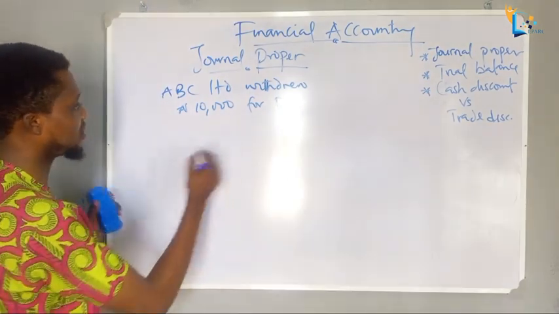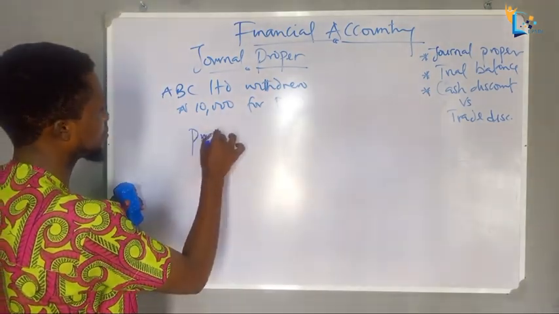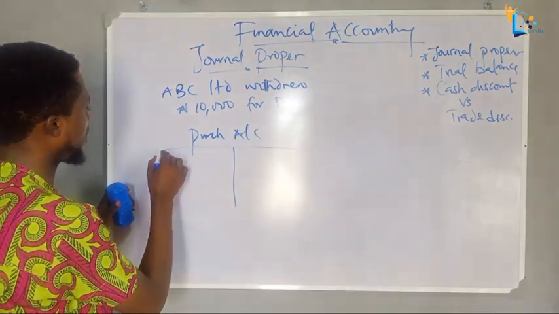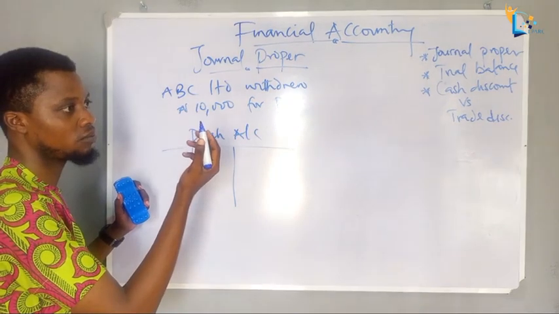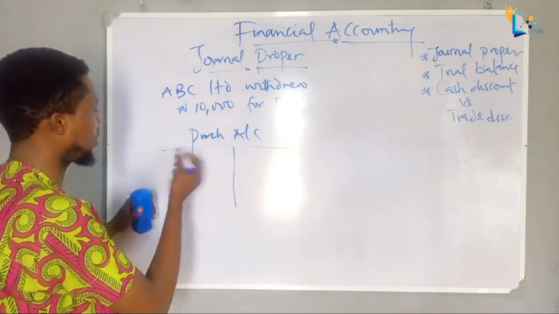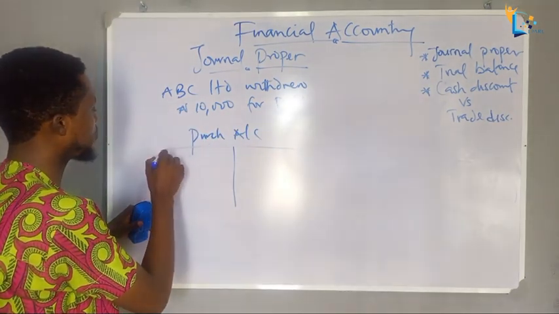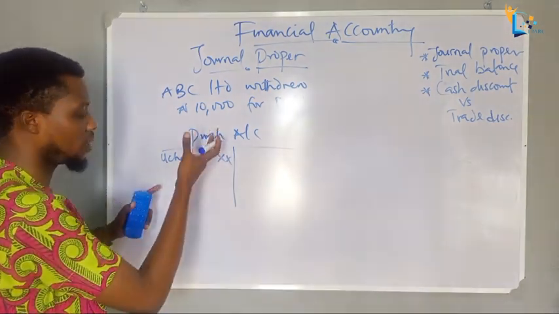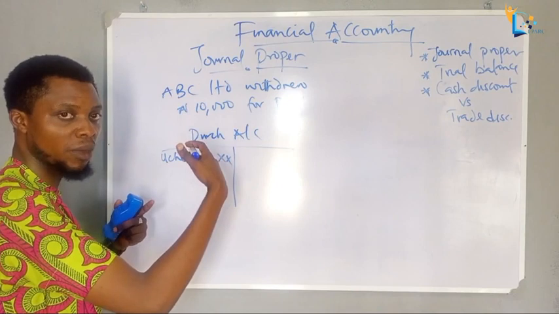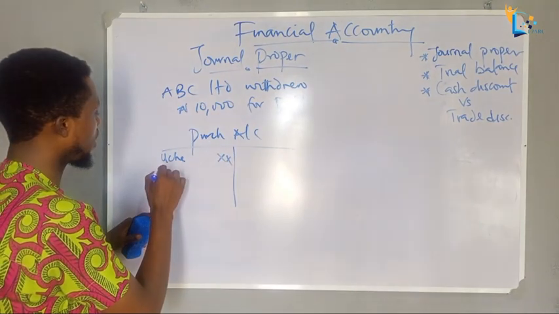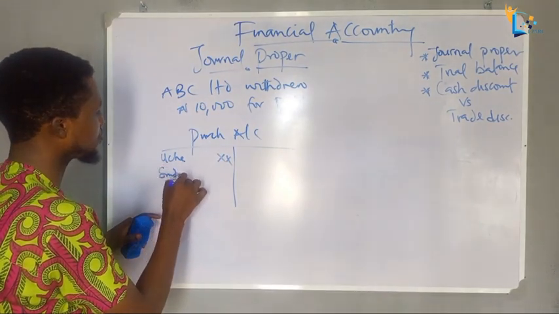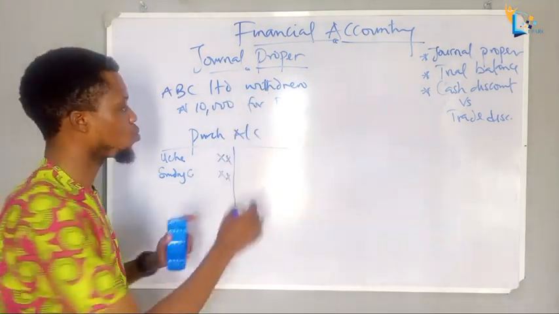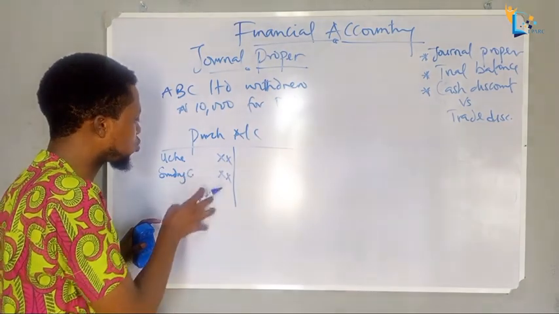Now, what do I mean by this? Let's say this is the purchase account. Then maybe you purchase from a creditor, let's say Mr. Uche. You purchase some goods, sundry goods, from sundry creditors. Then these goods withdrawn will be chargeable on the total purchase.